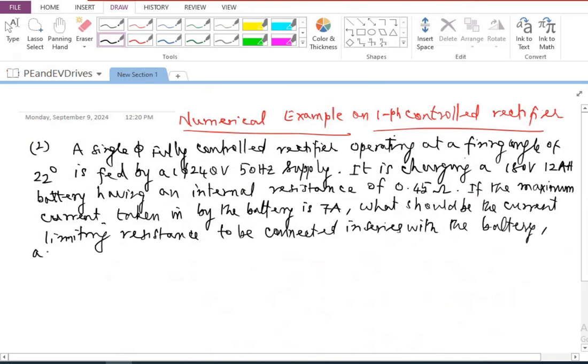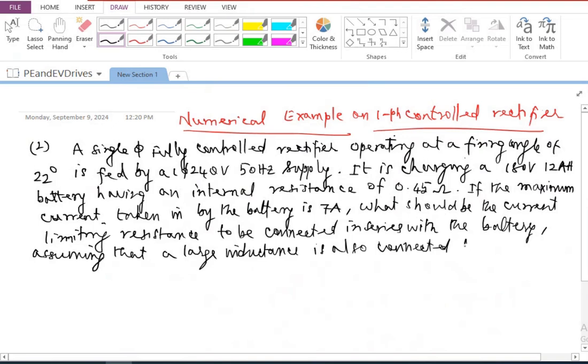Assuming that a large inductance is also connected to make the current ripple free.